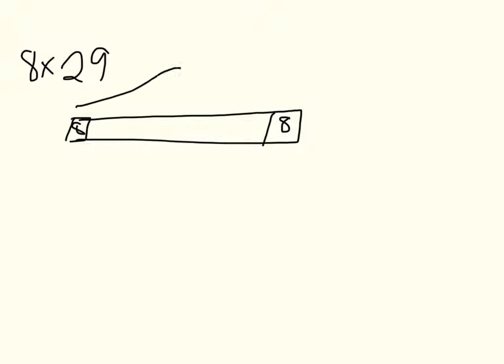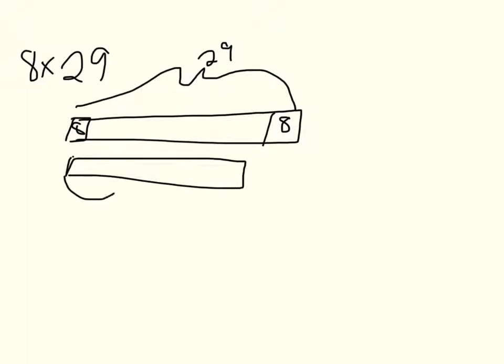Now, could I have taken my 8 times 29 and said that if this is 29, could I also go 20 and then 9 more?